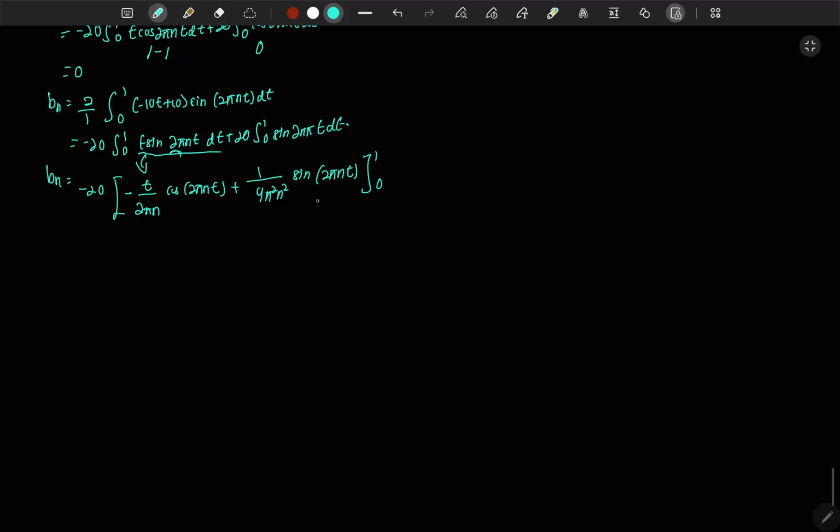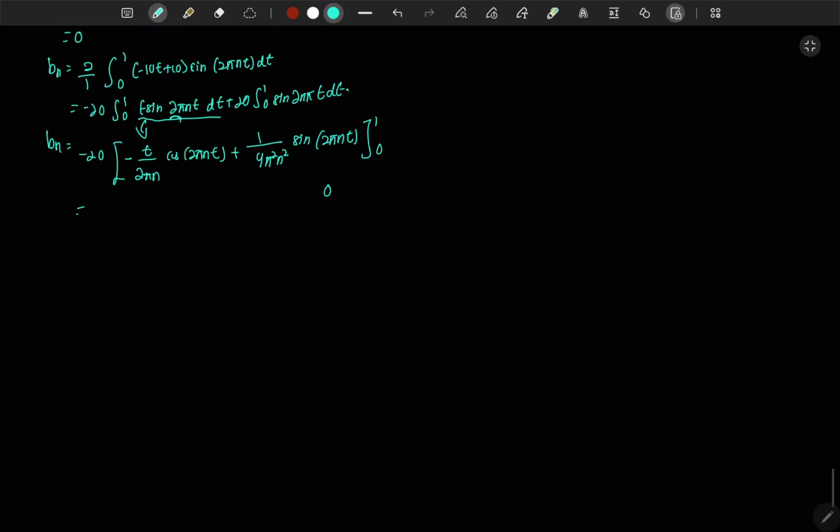Now sine 1 would become 0, so it will automatically be 0, and here everything would be 0 too. Now the balance would be negative 20 times negative 1 over 2 n pi. So if we calculate it we will get 20 over 2 n pi, and the answer would become 10 over n pi.